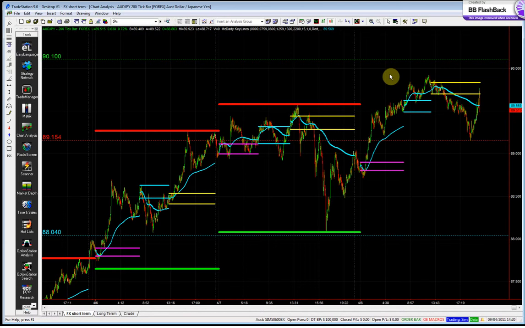We could have that as our short-term long point, but we want to be prudent, and remember the 90.10 was a significant level going back through the chart. As we see with the 88.04, on the 200 tick the price action respects a significant level, so we expect it to happen again at 90.10.